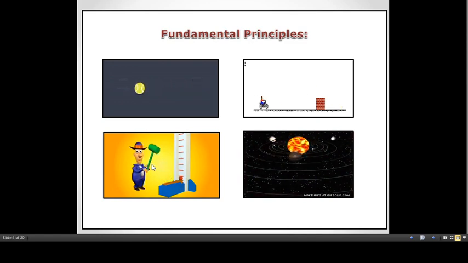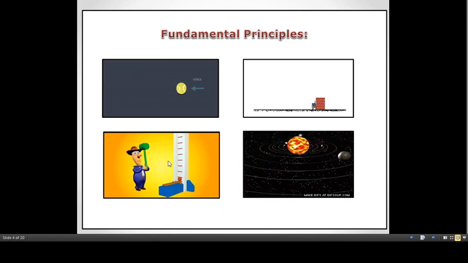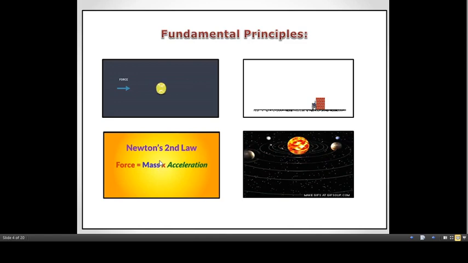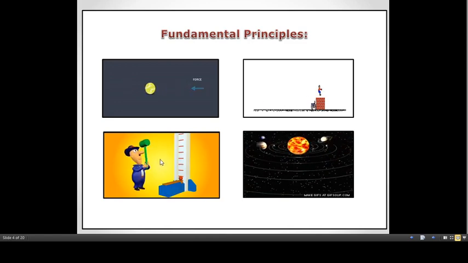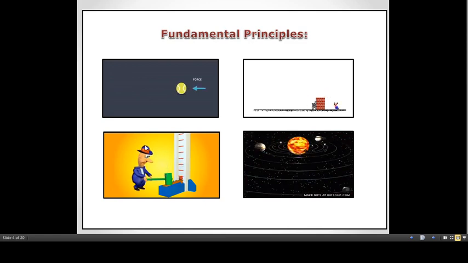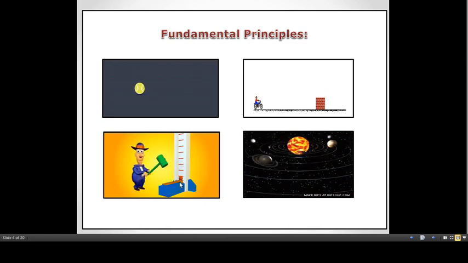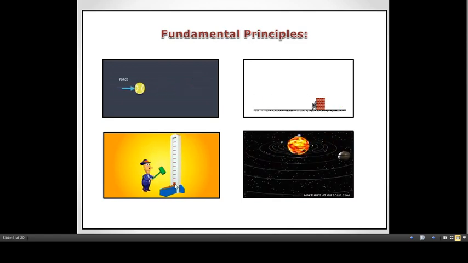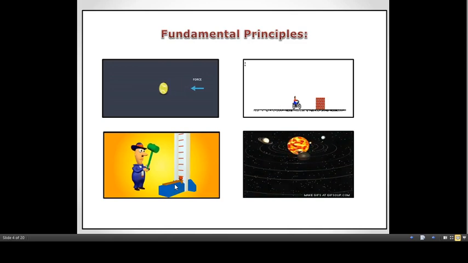The rate of change of momentum of a body is directly proportional to the impressed force and takes place in the direction of the force. Now see, this person is trying to hit the bar here, which means the force is applied on this circular body and the body moves in an upward direction.